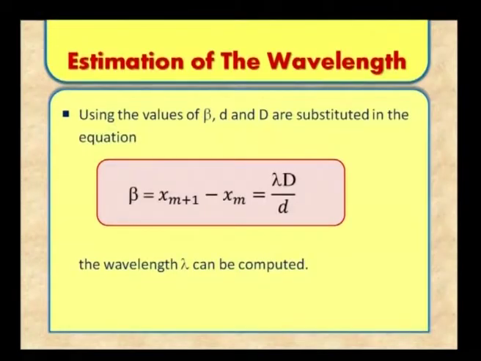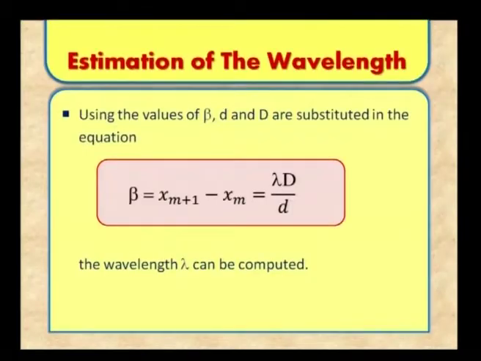By measuring your beta and making use of the relation that we saw in the last lecture, namely beta is equal to capital D by small d into lambda. What is capital D? It is the distance that separates the two virtual sources from the screen. Small d is the distance that separates the two virtual sources, and lambda is the wavelength. So, this is a very important relation.